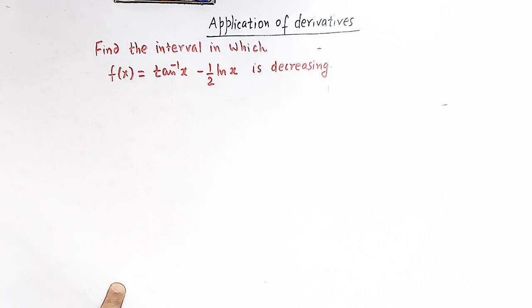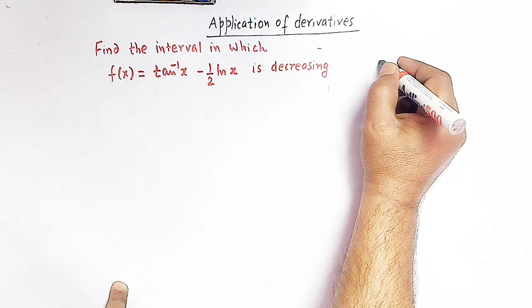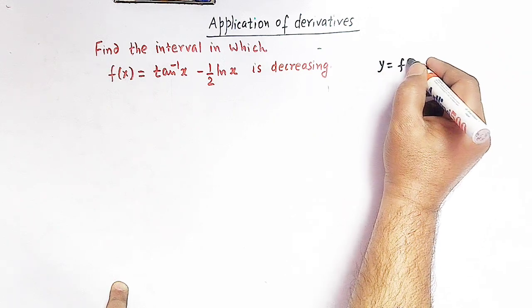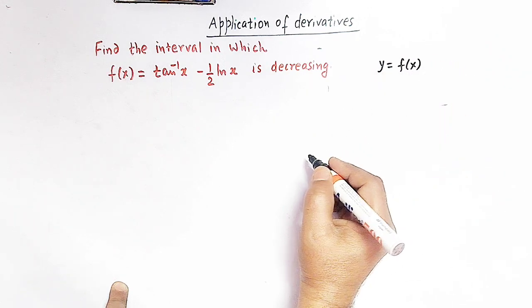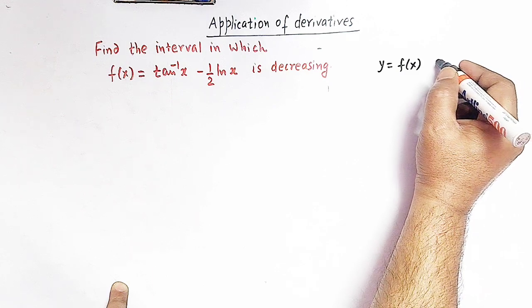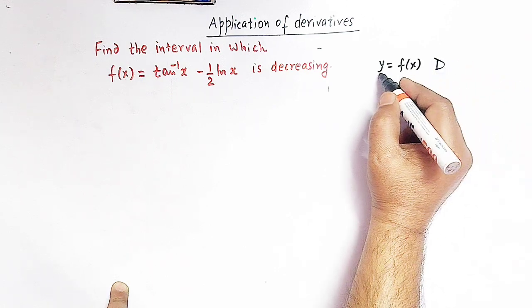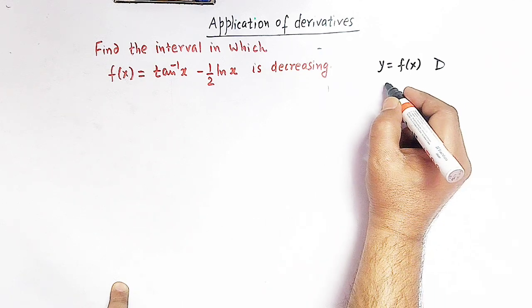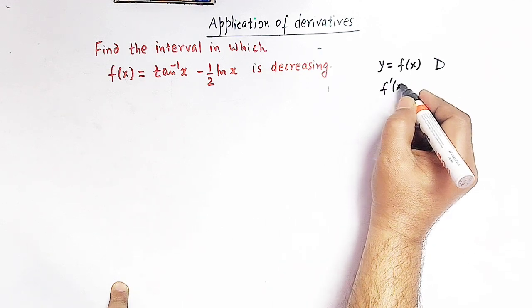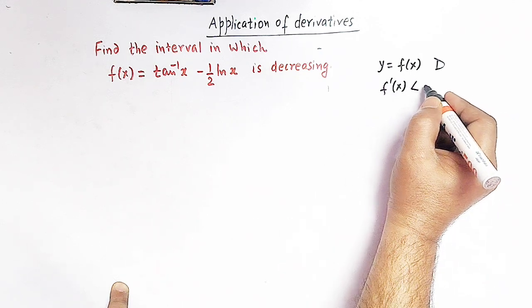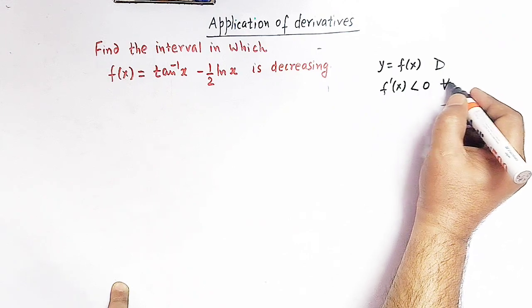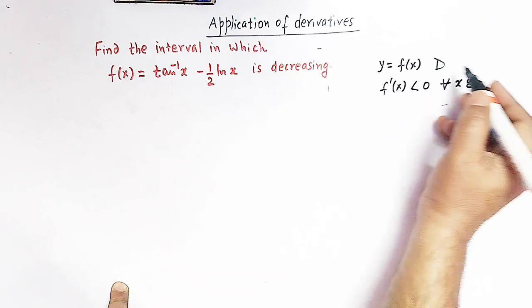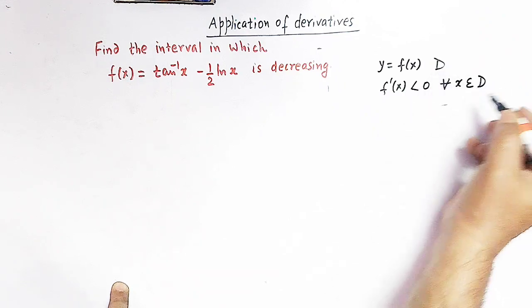So now from the definition of a decreasing function, we know that if we have a function, say y is equal to f of x, which is defined in some domain D, then this function is said to be a decreasing function if the derivative, that is f prime of x, is less than 0 for all x belonging to this domain D, right?